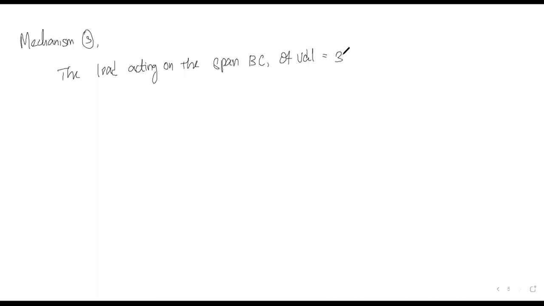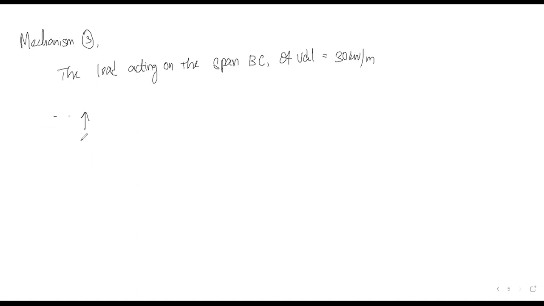So mechanism 3. The load acting on the span BC is a UDL of 30 kilonewton per meter. So here it is continuous edge.